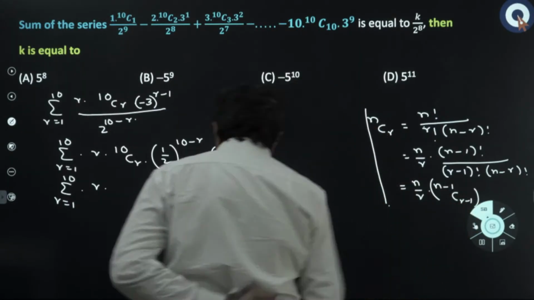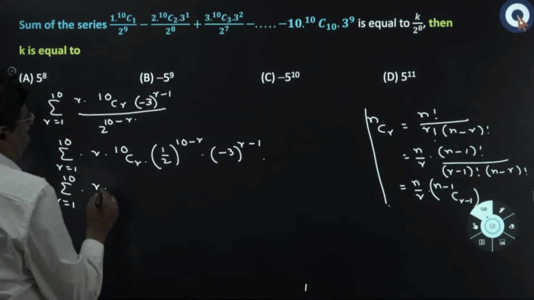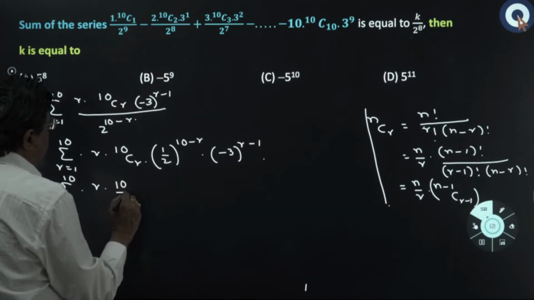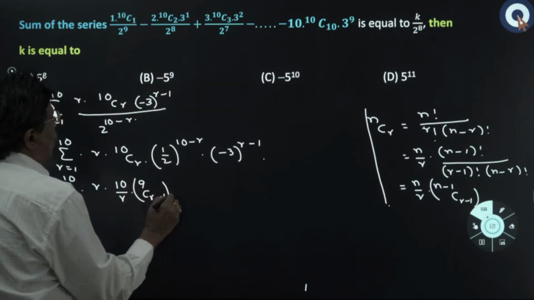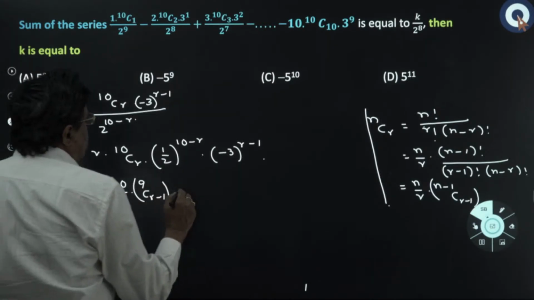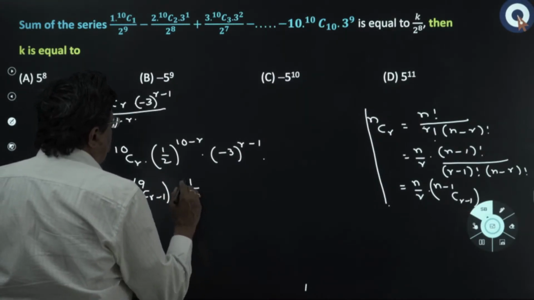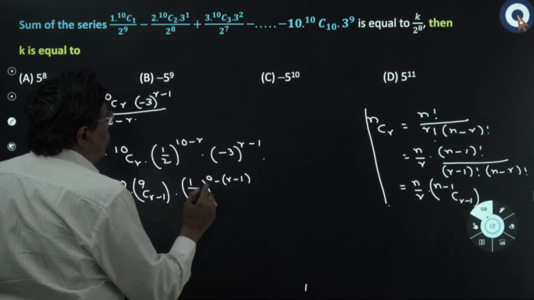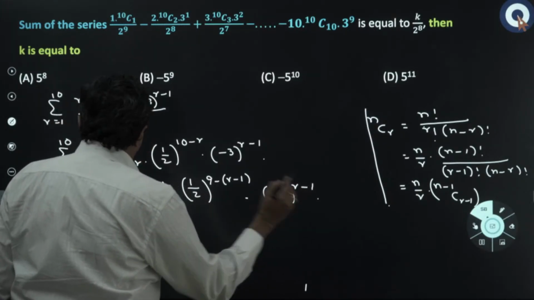So r into 10Cr can be written as 10 by r into 9C r minus 1, and this is 1 by 2 whole to the power of 9 minus (r minus 1), which is 10 minus r, into minus 3 whole to the power of r minus 1.